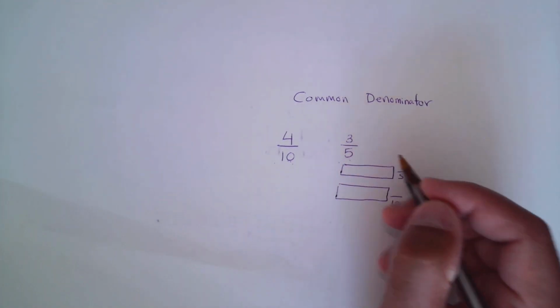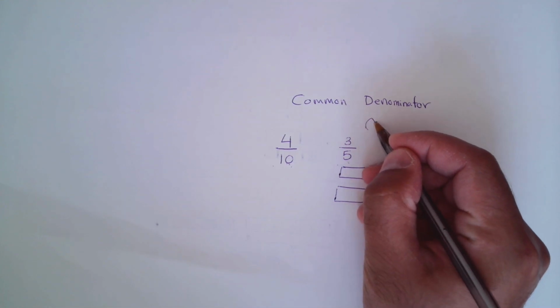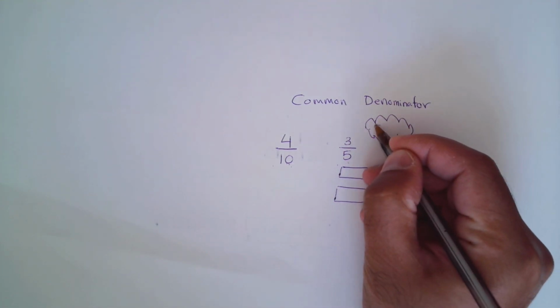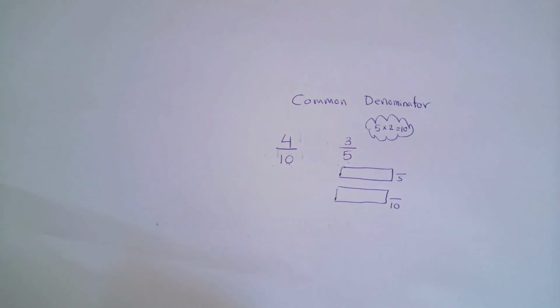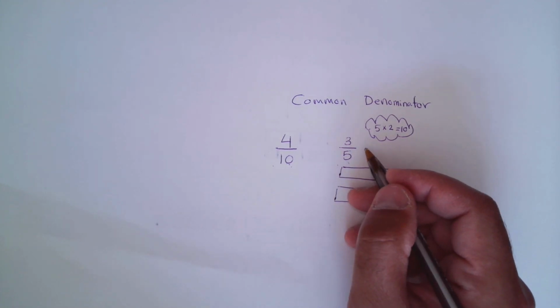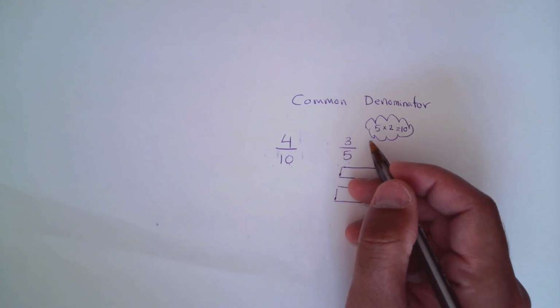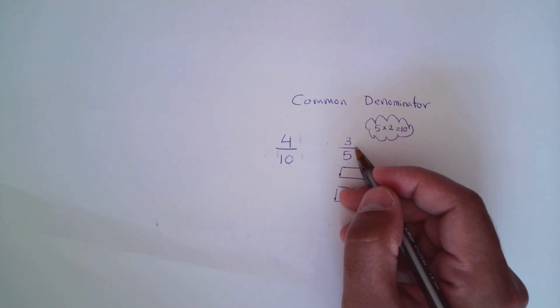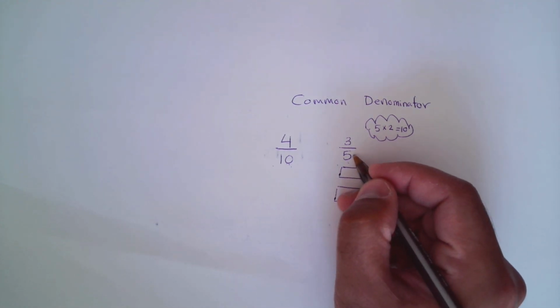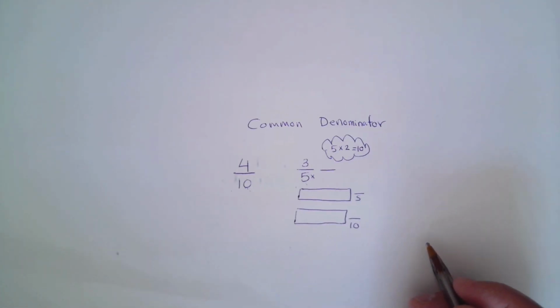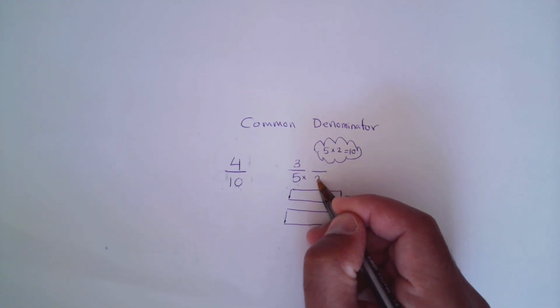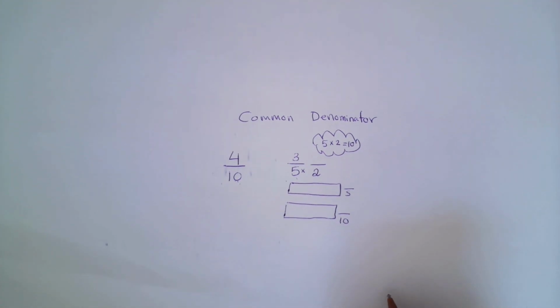If we multiply 5 by 2, that gives us 10, right? So we're going to rewrite this fraction as tenths. So I'm going to take each of my fifths and multiply them by a half.